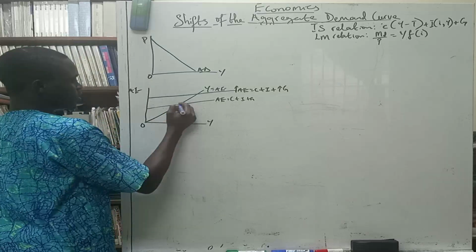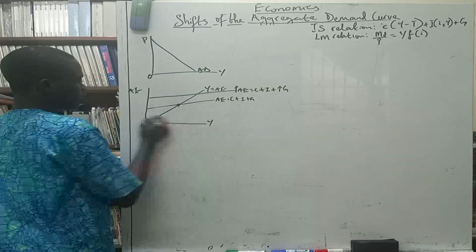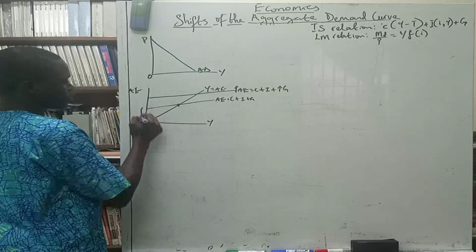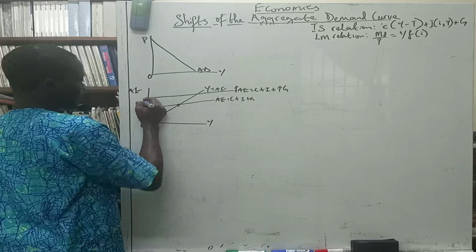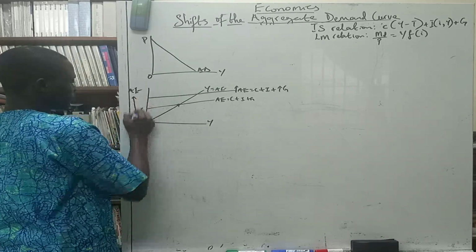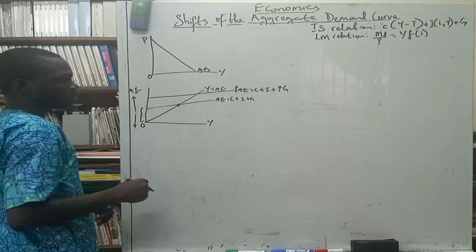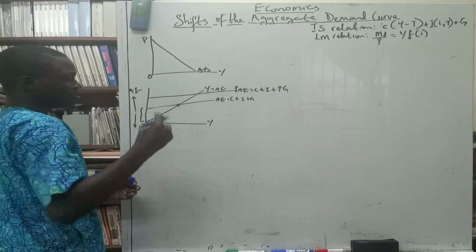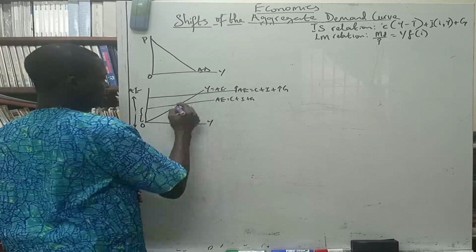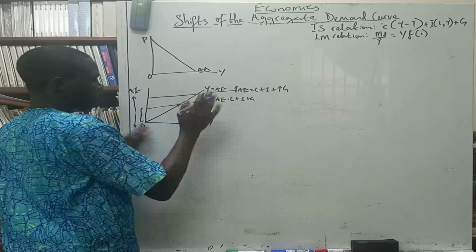Now, if you look at it, the old equilibrium was here. What you have initially here is the autonomous spending, if I'm right. Then that increases to this, because G is an autonomous component of the aggregate expenditure function. If you don't understand these things, we've done classes on them already, where we talk about these things simply.